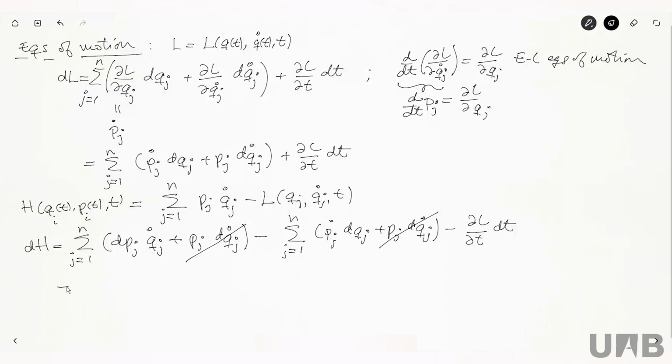And therefore, let me just make it very explicit, the differential of the Hamiltonian, function of q, p, and t, equals the sum from j equals 1 up to n of q dot j dpj minus p dot j dqj, minus the derivative of L with respect to t dt.